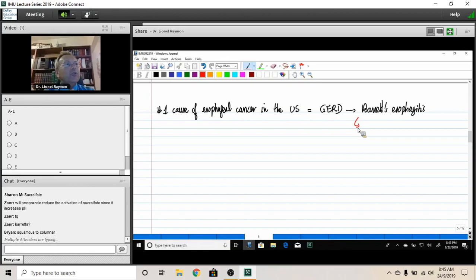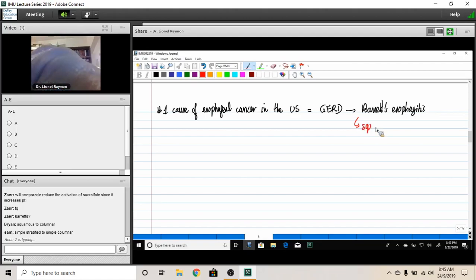From squamous to columnar, Brian, you are totally right. I'm sure Annan, Haley, you're about to type the same thing, right? So basically from squamous to columnar, so what we call a metaplasia.